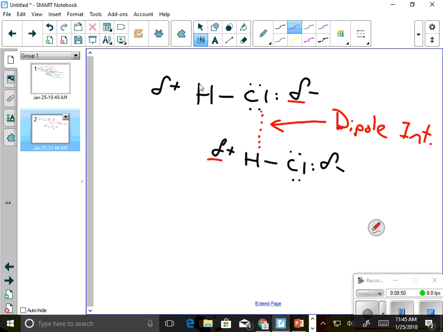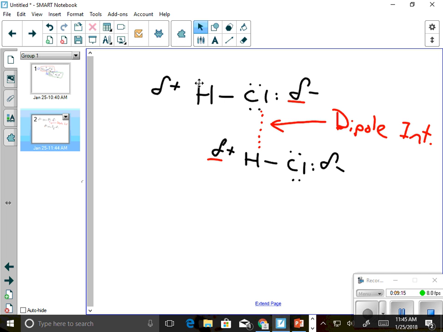Sometimes it's called dipole-dipole because this partial negative is called a dipole, this partial positive is called a dipole, so it's attraction between 2 opposite ends. Notice how these attractions are between partial positive and partial negative. If you have opposite charges, they attract one another. What you were taught in elementary school about opposites attract still holds true today.